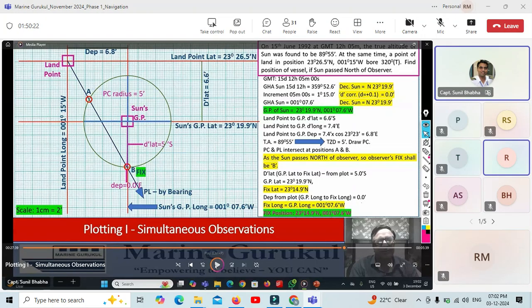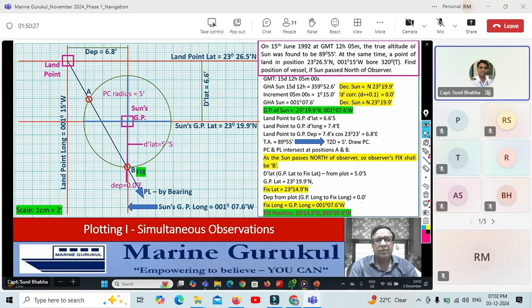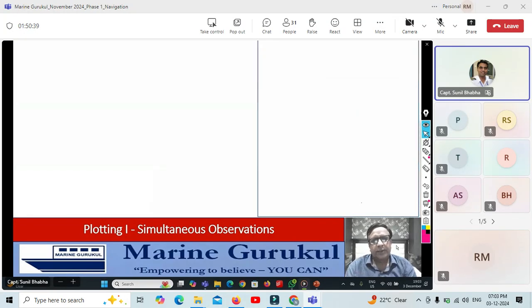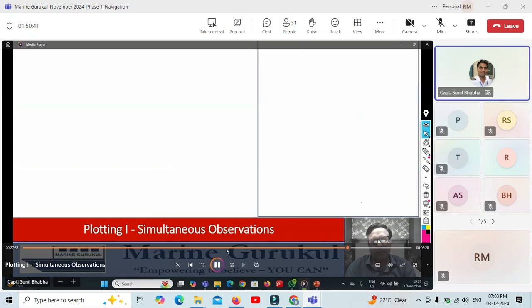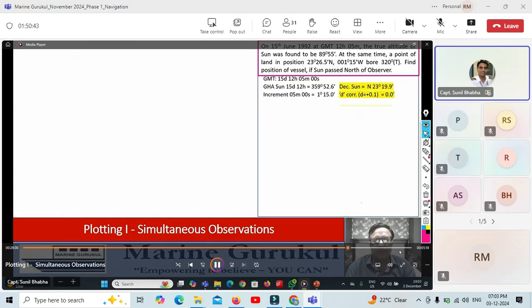Okay. So here in this case, we had the intersection of a PL and a PC. The PL was drawn from a terrestrial reference and the PC was by high altitude celestial observation. Just quickly a repeat of the same process on a plane sheet, same question.